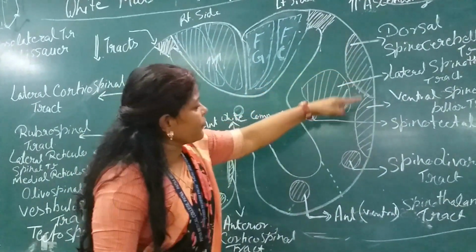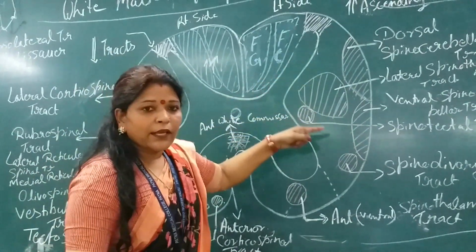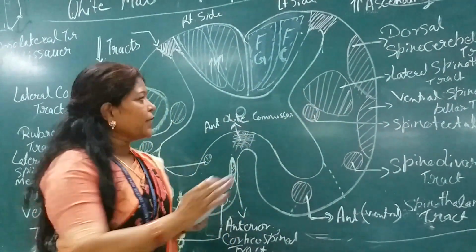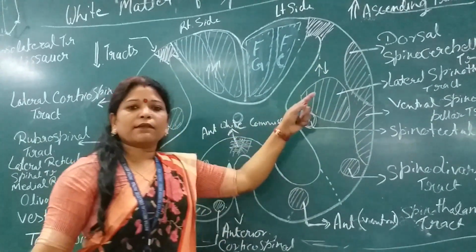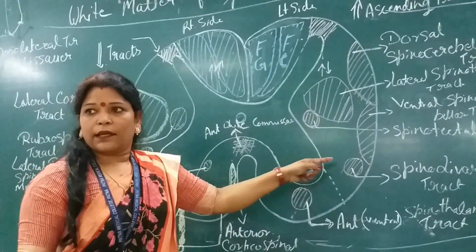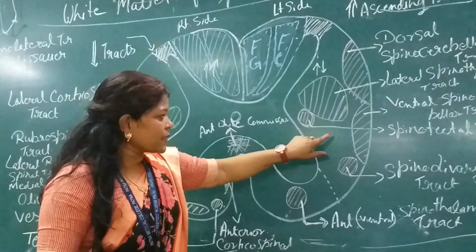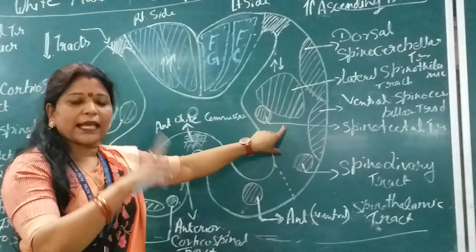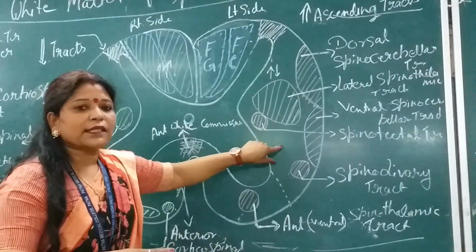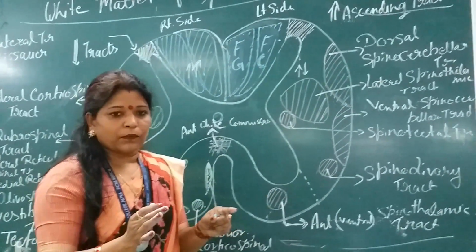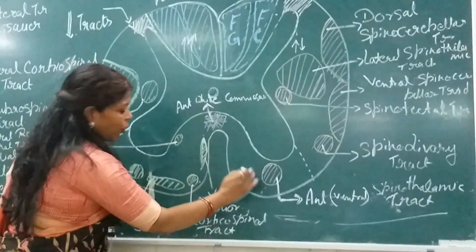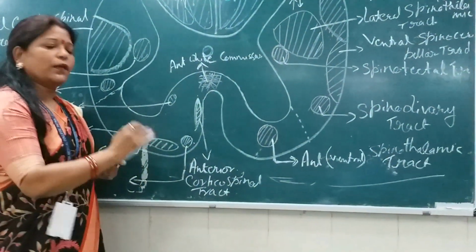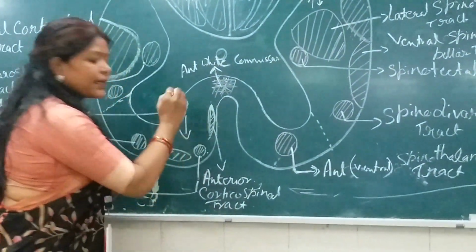Now the lateral funiculus is mixed type. That means both the ascending as well as the descending tracts compose it, in equal amount. And the ventral or anterior funiculus is mainly the descending tracts.